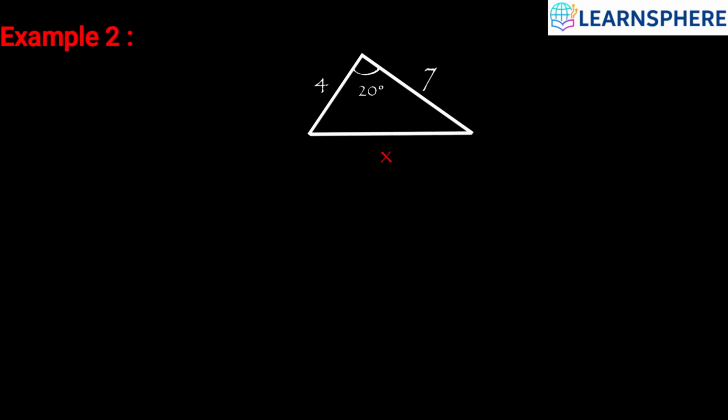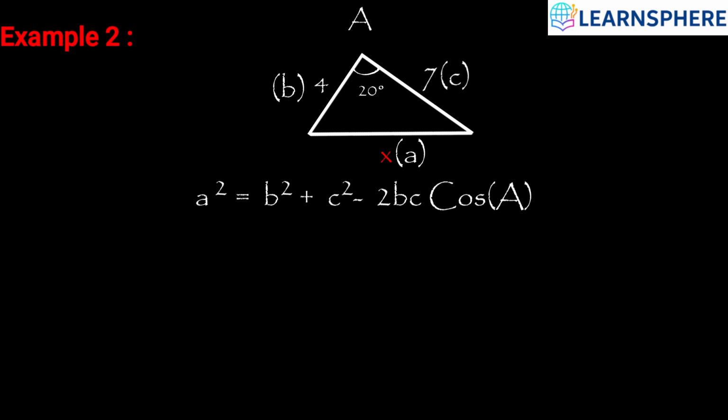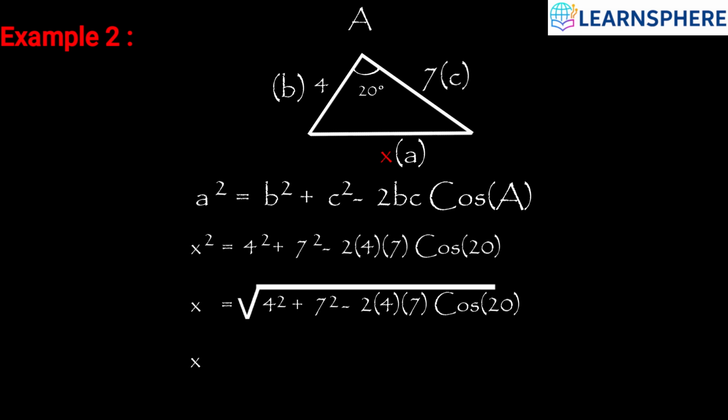So therefore, 20 degrees will be capital letter A, x will be small letter a, 4 can be B, and 7 can be C. Next, we can simply use the cosine formula of a squared equals b squared plus c squared minus 2bc cosine A and substitute in the values, which will be x squared equals 4 squared plus 7 squared minus 2(4)(7) cosine 20. And to get the value of the side, which is x, we can simply square root the values on the right, which will give us 3.52 as the answer.